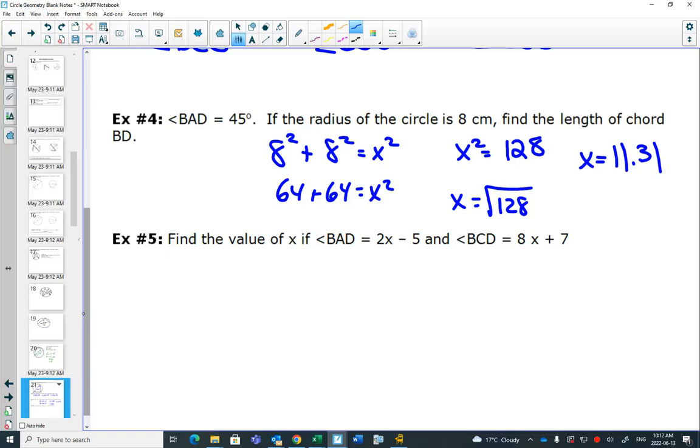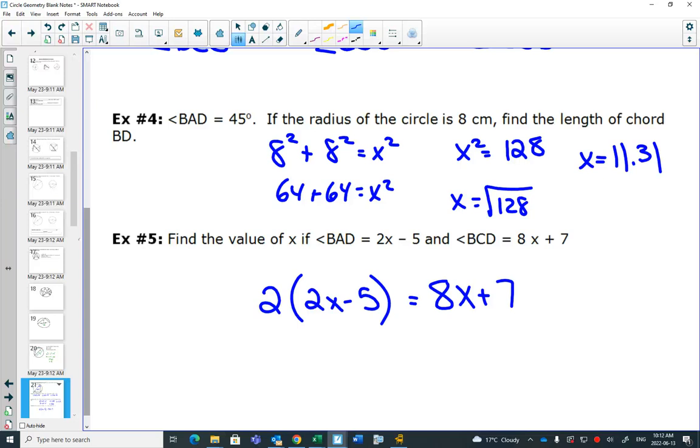No. What do we know? That 2 of these ones equals 1 of these, because the inscribed angle is half the central. So if I double the inscribed, I should get the central. And now we have some algebra to do.